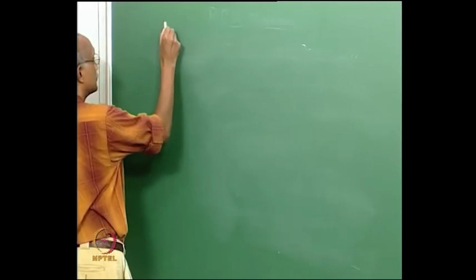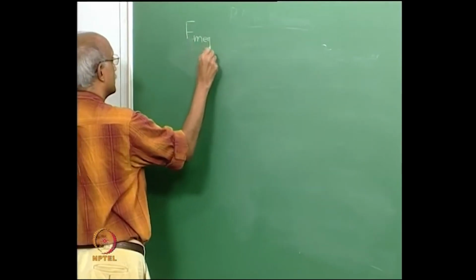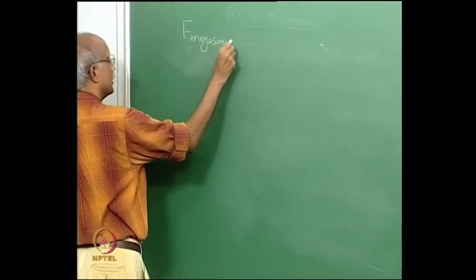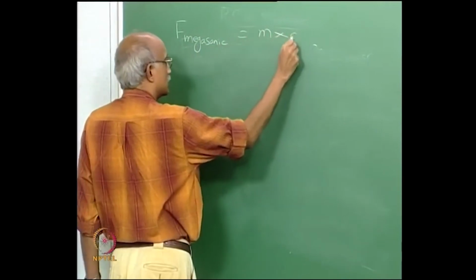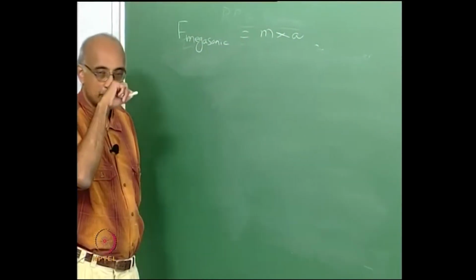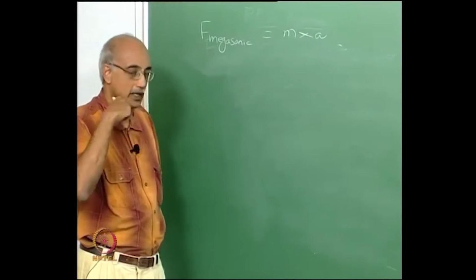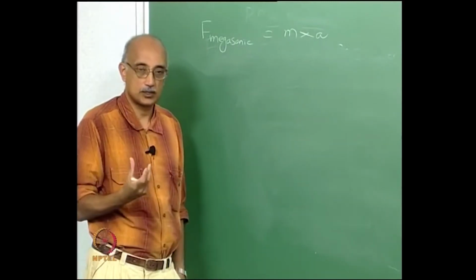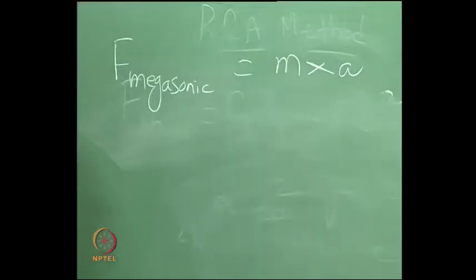So the force in a megasonic field is basically mass times acceleration. You are taking a shock wave or a force that is generated in the fluid because of fluid motion, and you are transferring it to the particle.